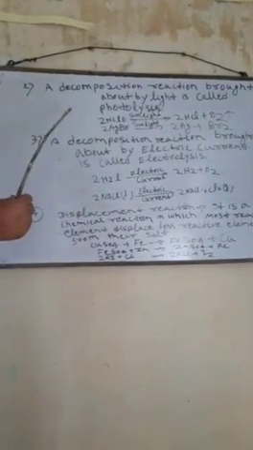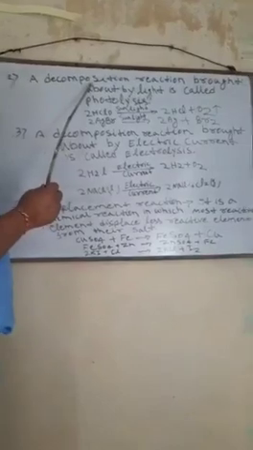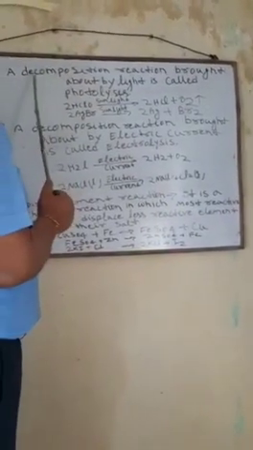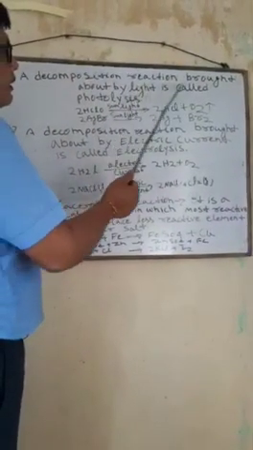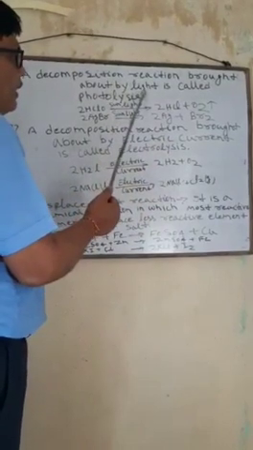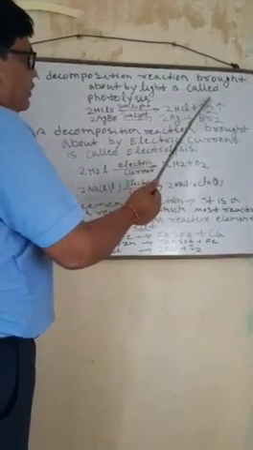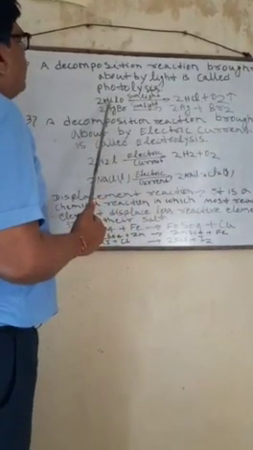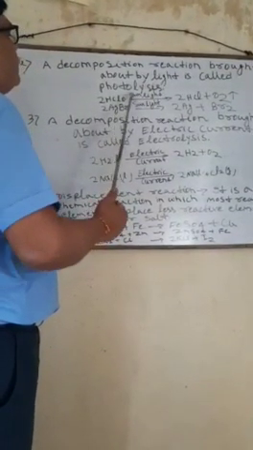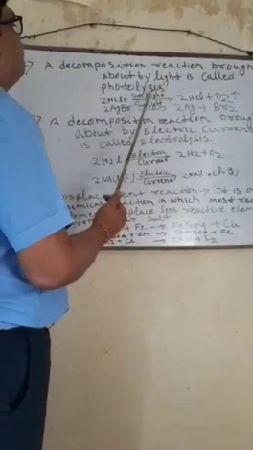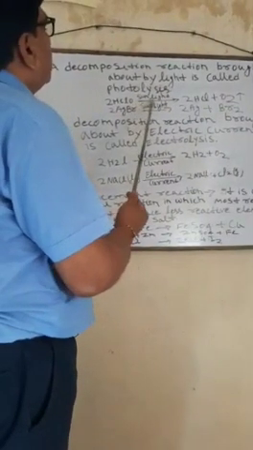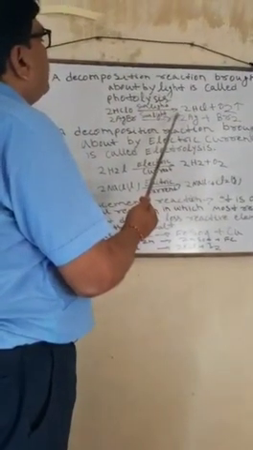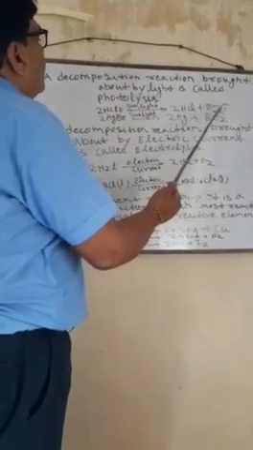Next agent for decomposition reaction. A decomposition reaction brought about by light is called photolysis. When 2HClO decomposes through sunlight, it forms HCl and oxygen.